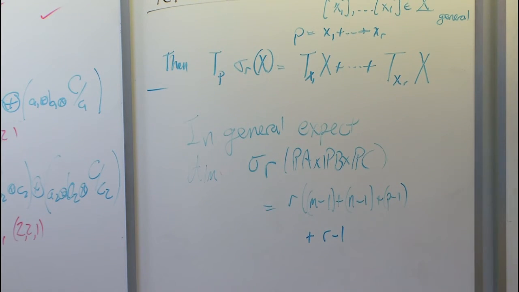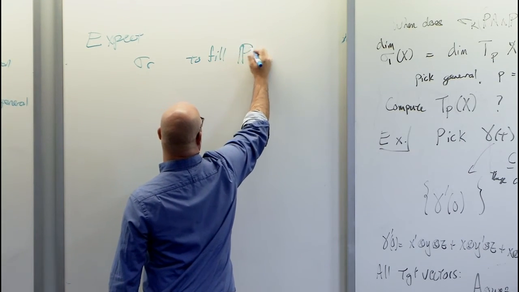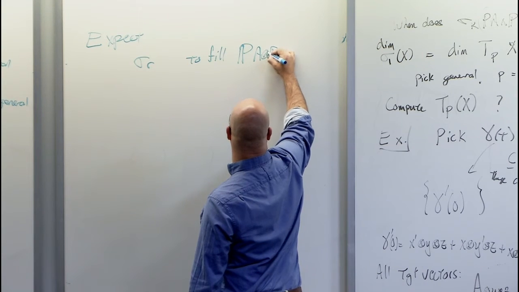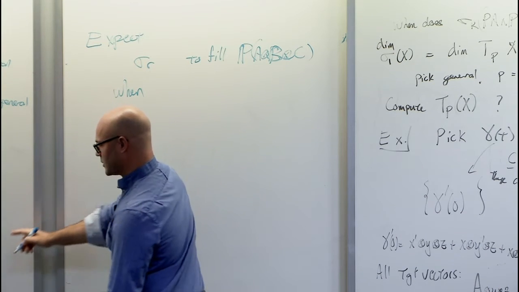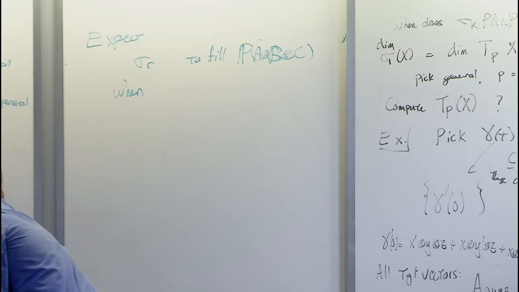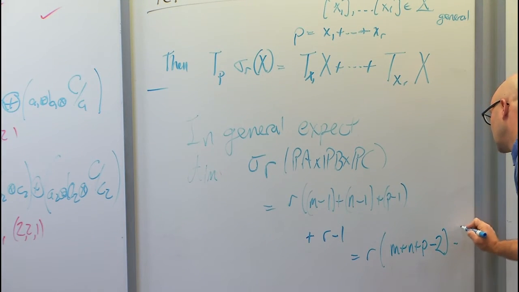So we expect sigma_r to fill P A cross P B cross P C when, okay, let's solve this, this is r times (m plus n plus p minus 2) minus 1, whenever this exceeds m times n times p minus 1.